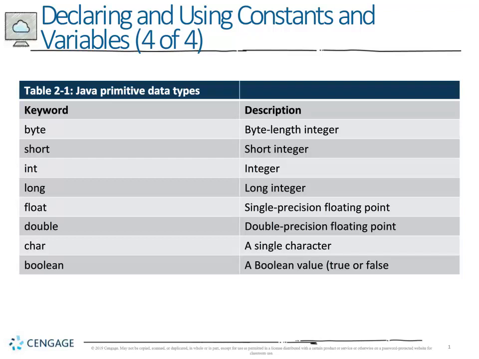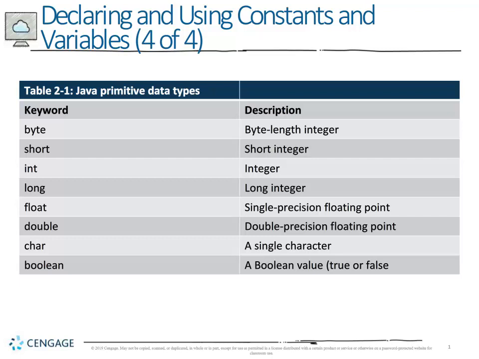Variables are containers for storing data values. In Java, there are different types of variables. For example, String, we store text like "hello". String values are surrounded by double quotes. Integer stores integers, like whole numbers without decimals. Float stores floating point numbers.